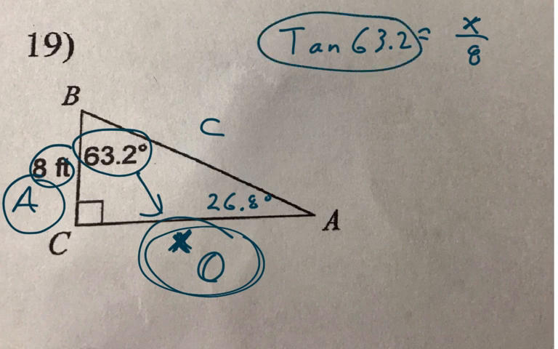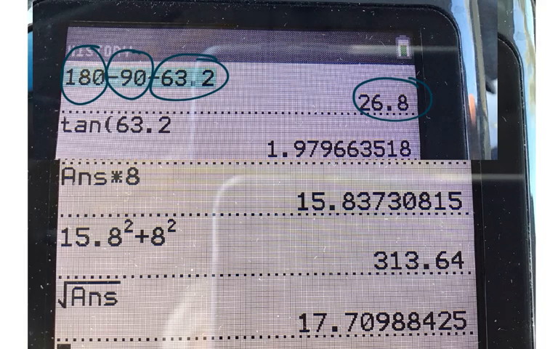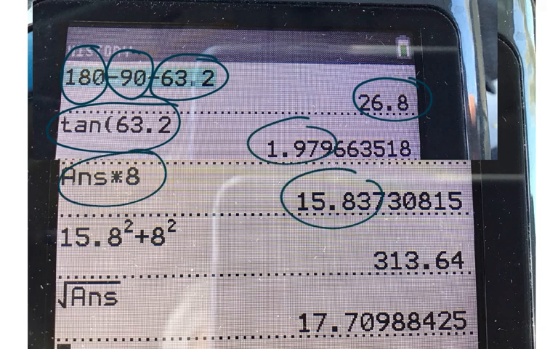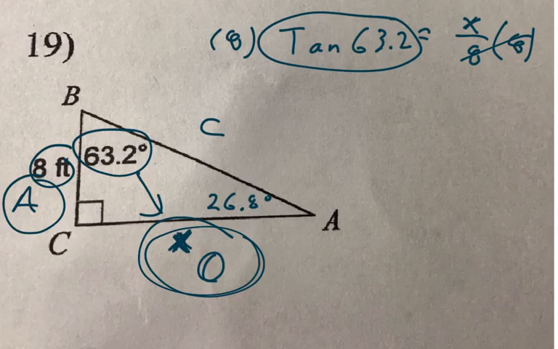So we're going to do the tangent. We're then going to times by 8. And we will have our missing side x. So tangent times 8 rounds off to 15.8.